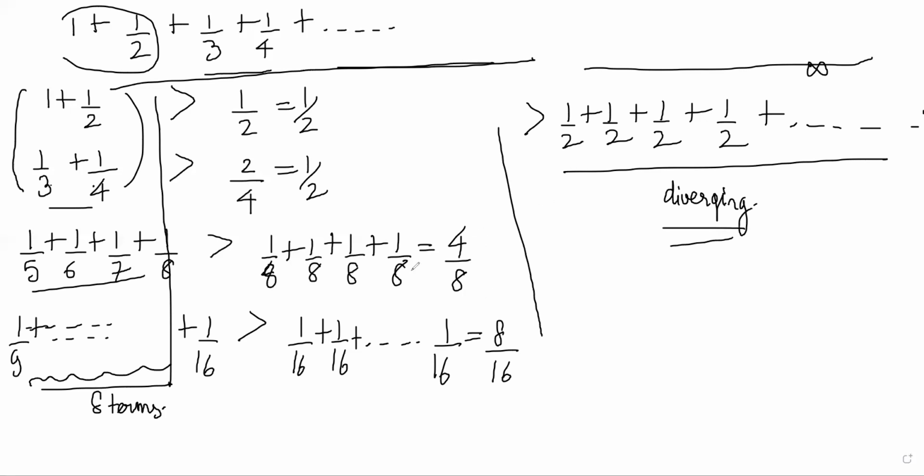So in the general case of summation 1 by n power lambda, if lambda is equal to 1, it diverges. If lambda is equal to 1, series diverges, right? Right.